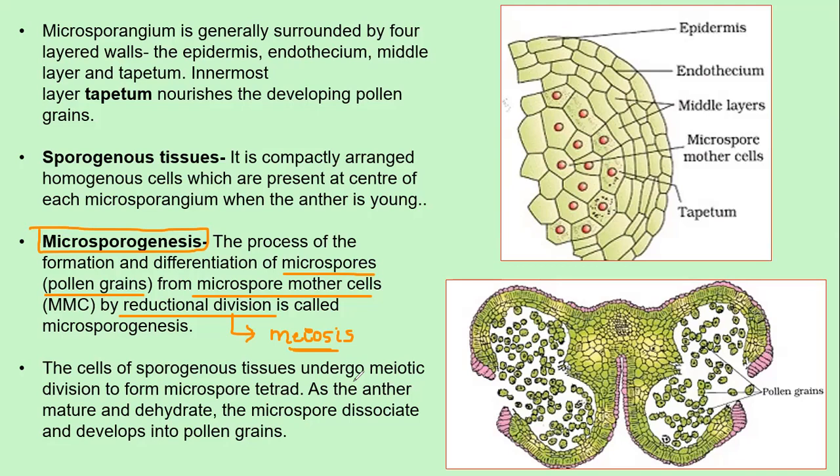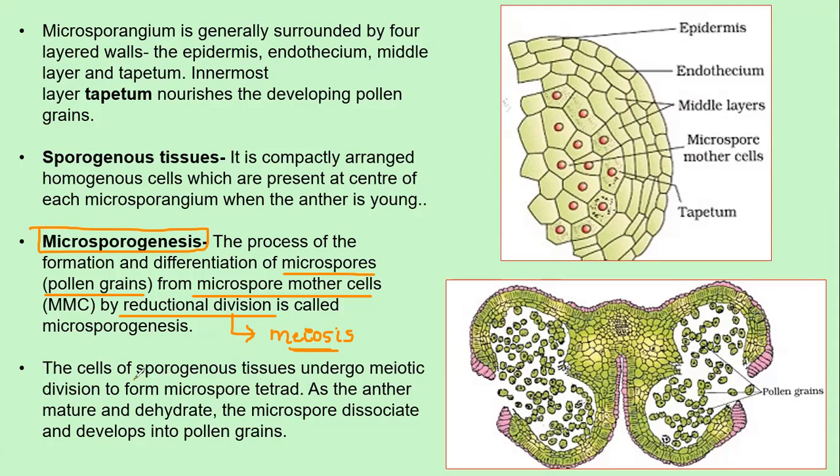Inside your NCERT, you will find the statement like this: the process of formation of microspore, that is pollen grains, from microspore mother cell or MMC, or pollen mother cell or PMC, by meiotic division is called microsporogenesis. So the type of cell division seen in microsporogenesis is the meiotic division, or the process of reduction division.